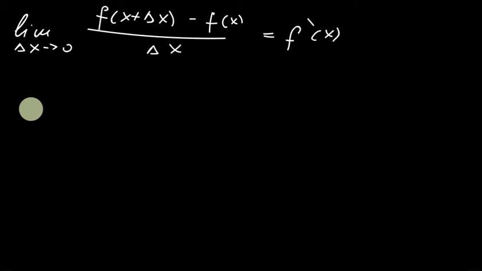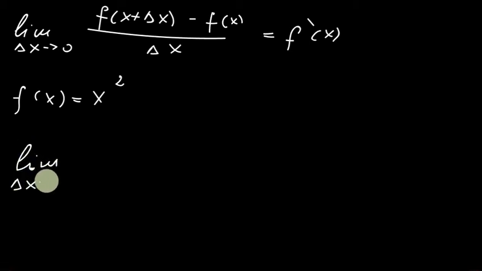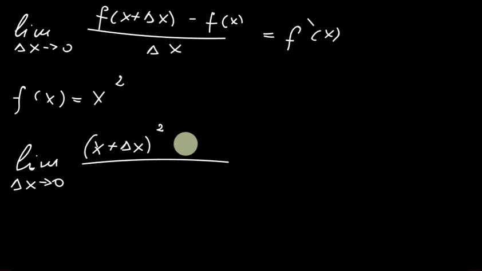Now here's another example. Let's say we have a function f of x equal to x squared. So now we need to do the very same thing. We are taking a limit, as delta x approaches 0, of this function. We are using this formula, nothing new. So this will give us x plus delta x squared minus x squared, divided by delta x.